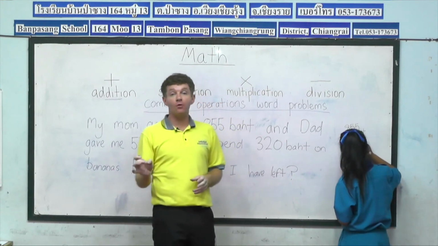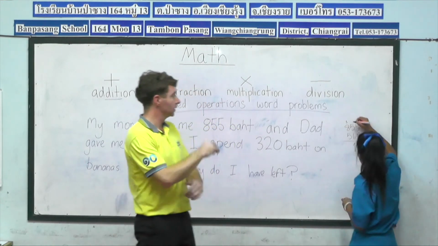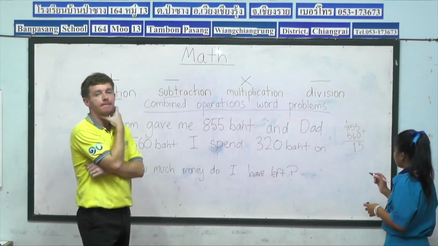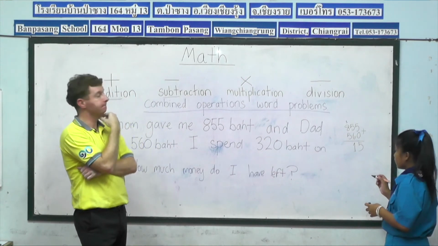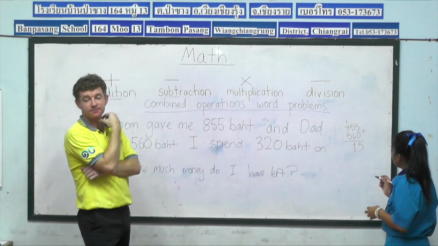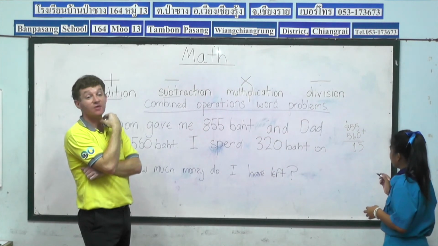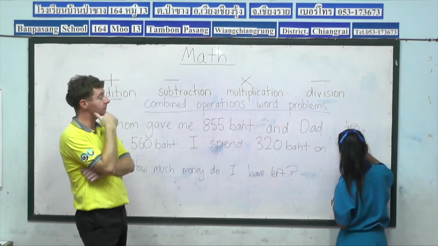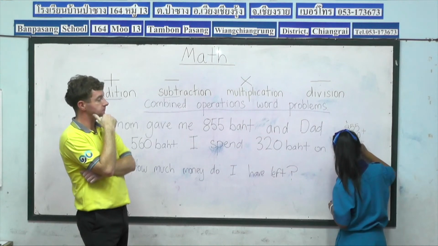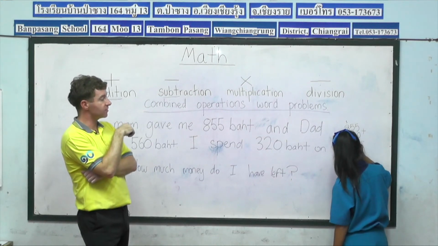So we write the 1 and carry the 1 into the next column. Now, 8 plus 5, sorry. 13 plus the 1 we carry over, 14. Not forgetting our comma for the thousands.